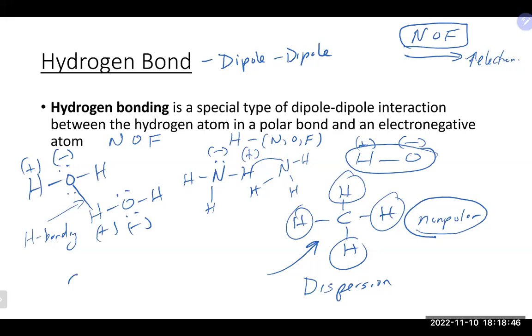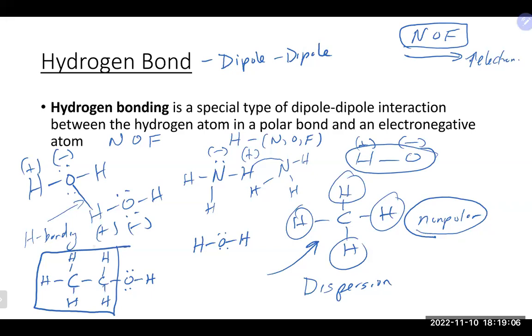That's why, for example, if you took something like this guy, which is ethanol, an organic compound, ethyl alcohol, and something like water, they can interact with each other because although this part of ethanol is non-polar, it has this polar part right here at the OH bond, which is a hydrogen attached to an oxygen, which means it can interact perfectly well with water through hydrogen bonding.